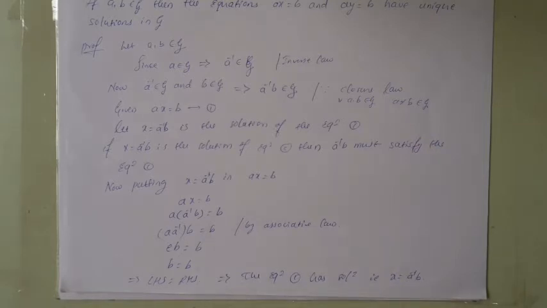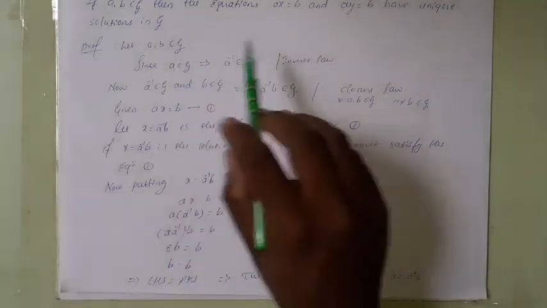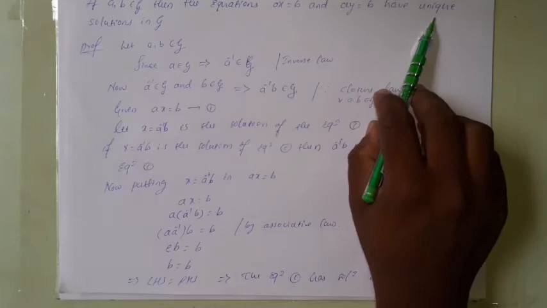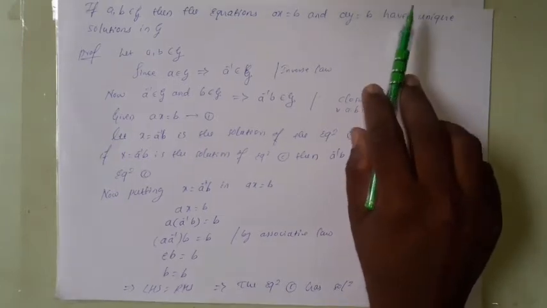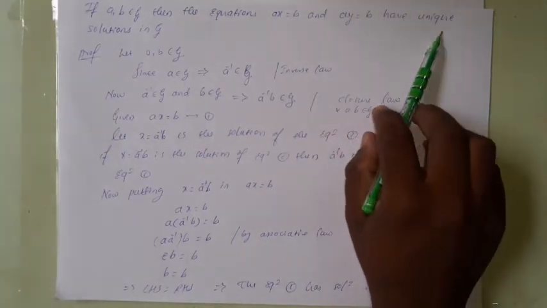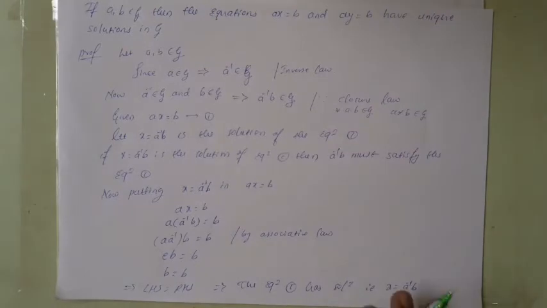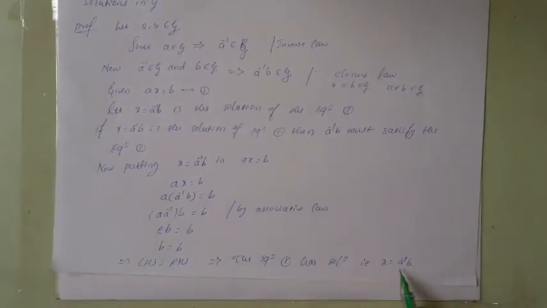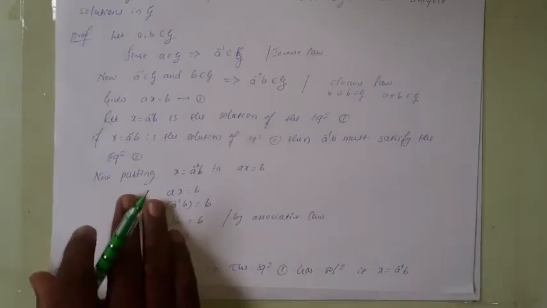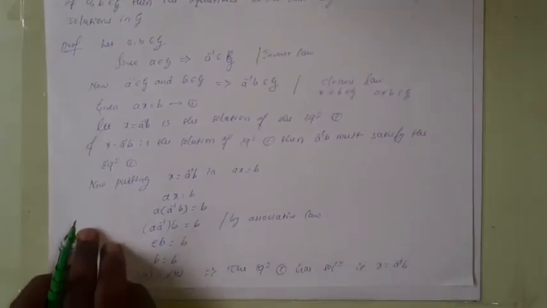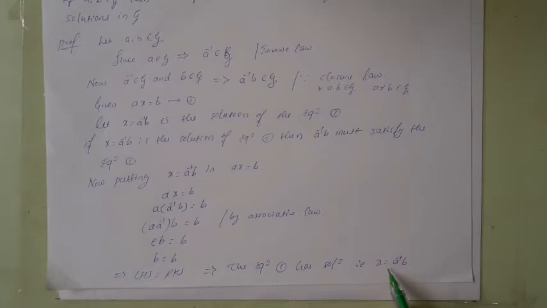Now, we need to prove the uniqueness of the solution, because here they have given that the equations have unique solutions, right. Already we have proved that x equal to A inverse B is the solution of equation 1, but now we need to prove the uniqueness, means other than A inverse into B, no other value will satisfy the equation 1.